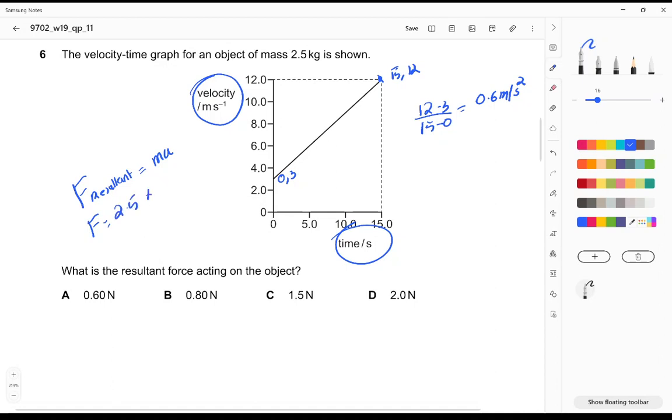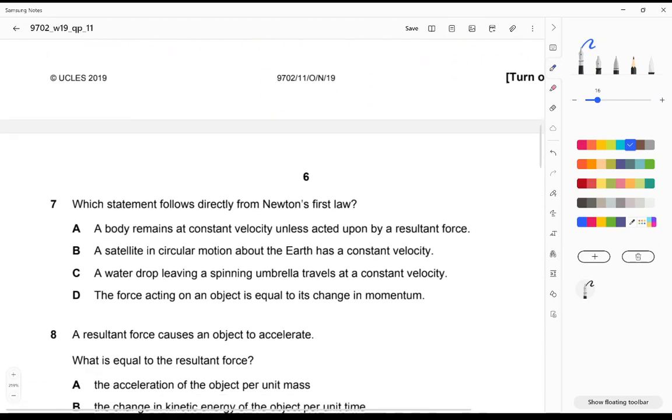So 2.5 multiplied by 0.6, let me just use my calculator, and that gives me a value of 1.5. So 1.5 should be the right answer. Let's just move on to the next part.